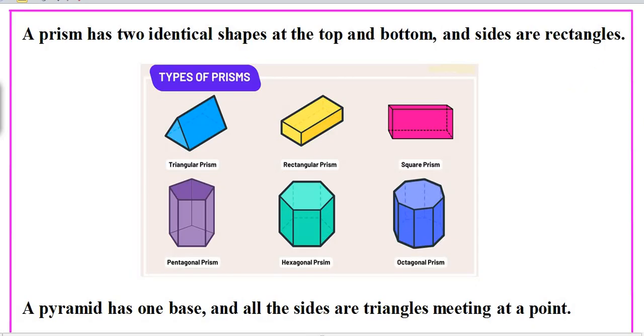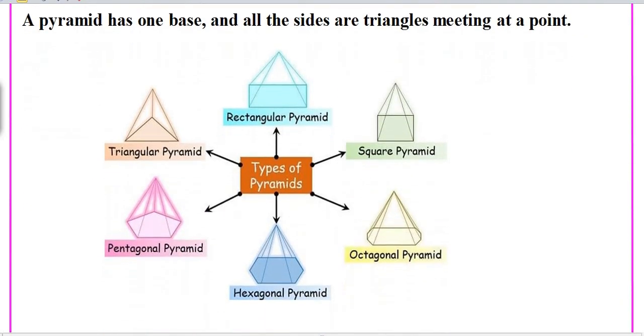Next, the pyramid. A pyramid has only one base, and all the sides are triangles meeting at a single point. For example, a triangular pyramid: the base is a triangle, and all the other sides are triangles meeting at a single point.